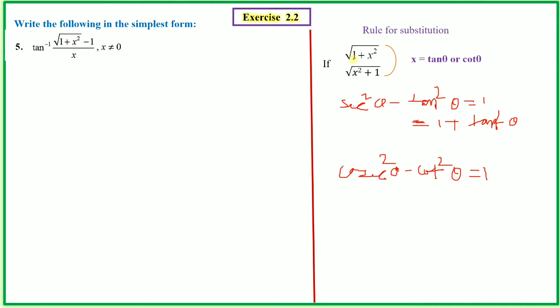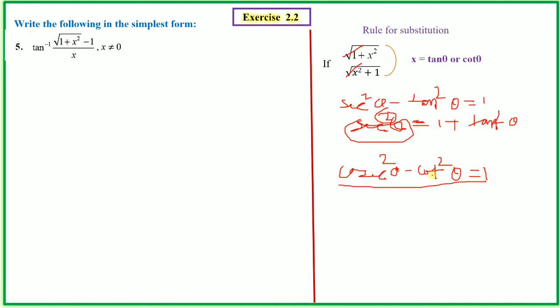These two algebraic terms will be converted into a single term, sec square theta. Then this square and this square root will cancel. Then we will have only sec theta outside, and then we will proceed like that.